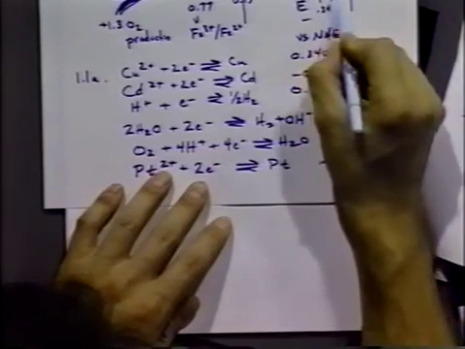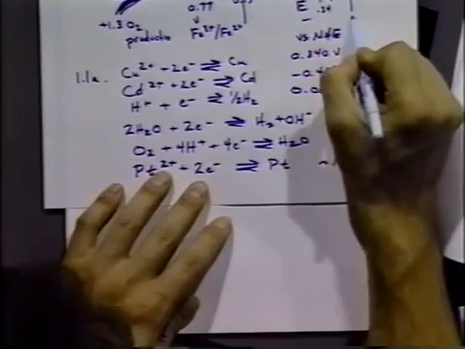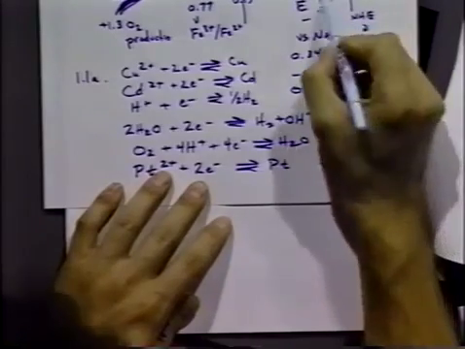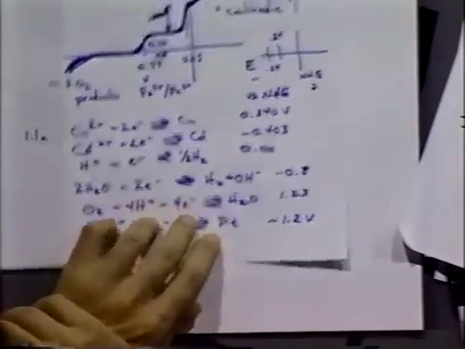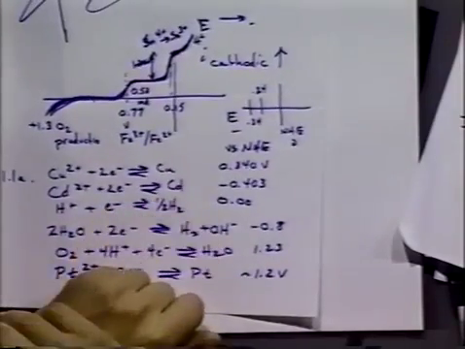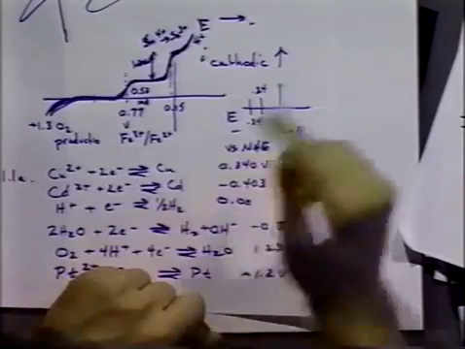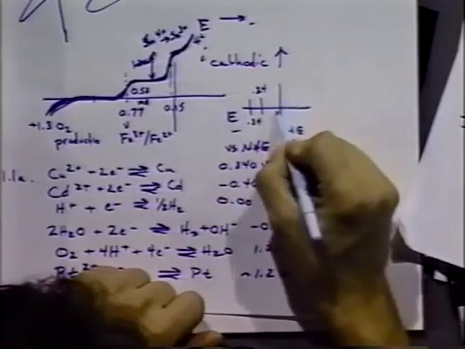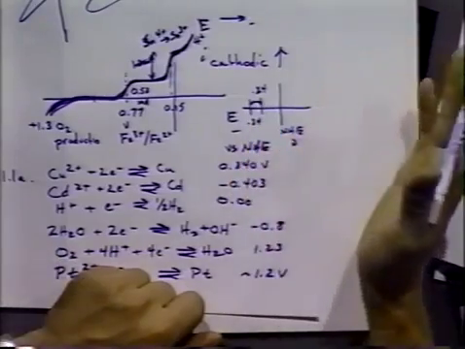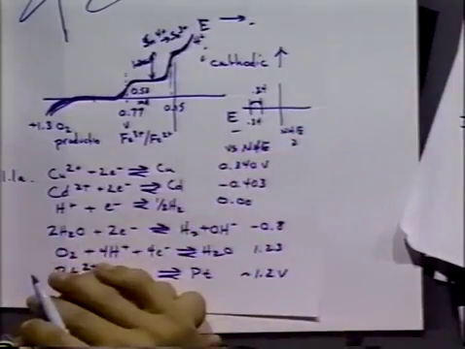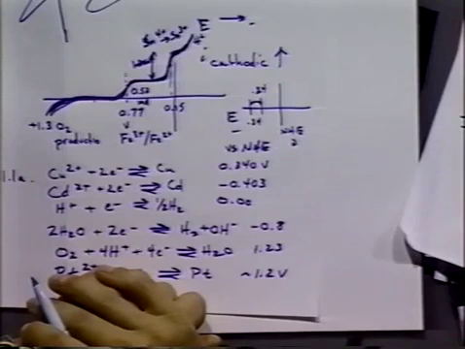So the difference is 0.34 versus the NHE, but it's only about 0.1 volt versus the SCE potential. So the difference between these two potentials is only about 1/10 of a volt.